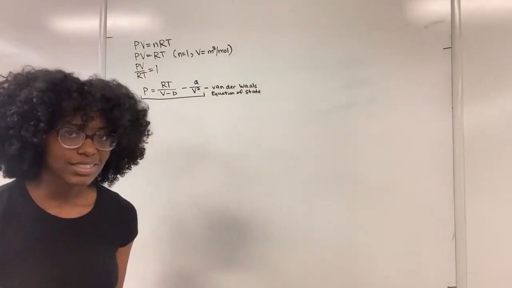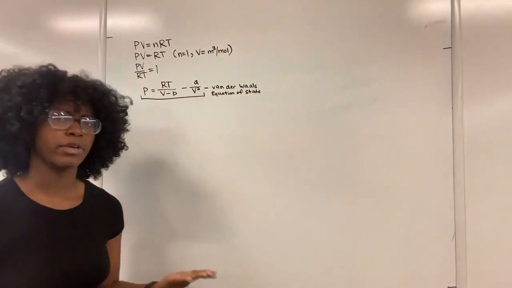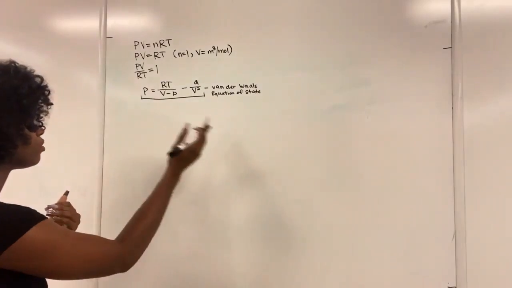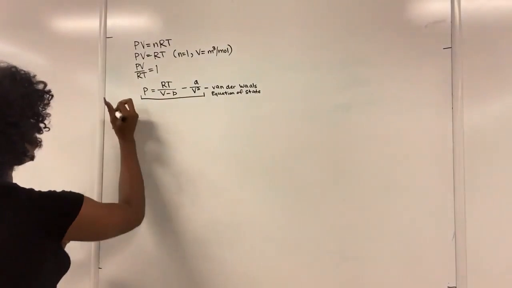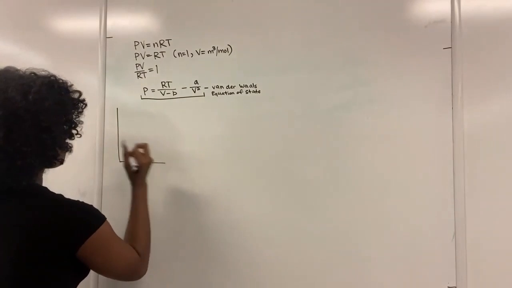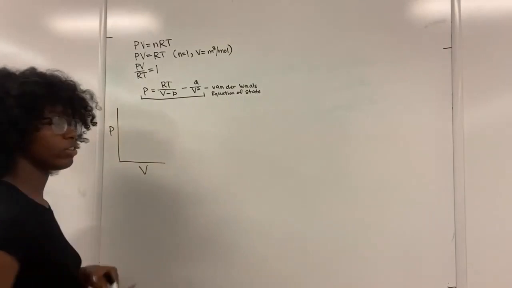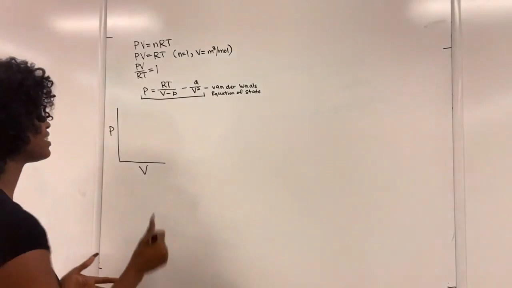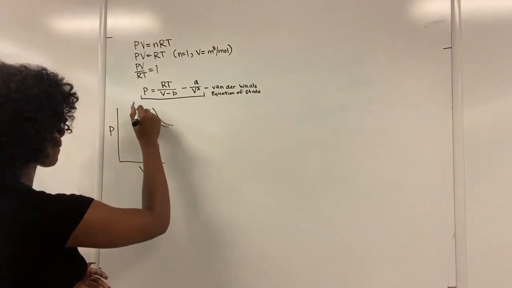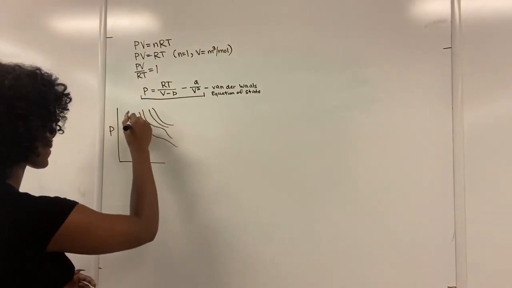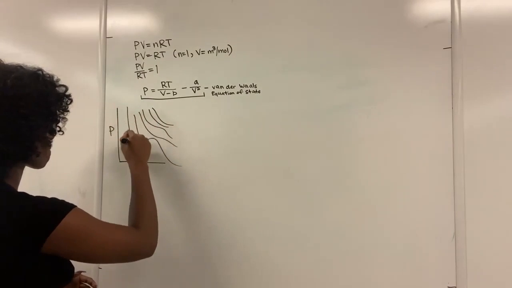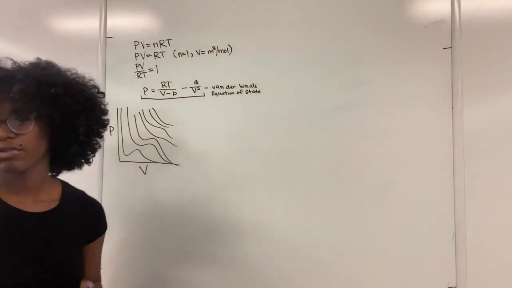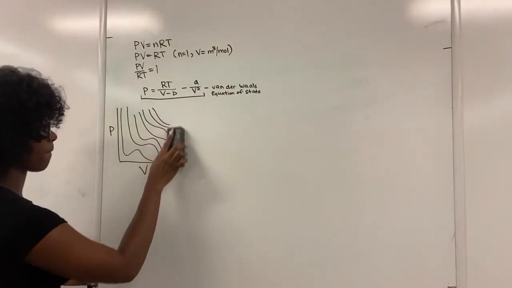So what does this look like? What are these A and B terms? We're going to cover that in this video. So if we were to graph this equation, it would very roughly, and I mean very roughly, I have to give the disclaimer, I'm not an artist, look something like this.